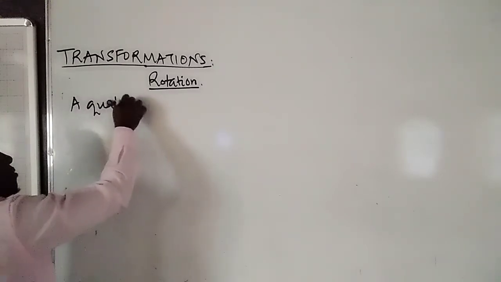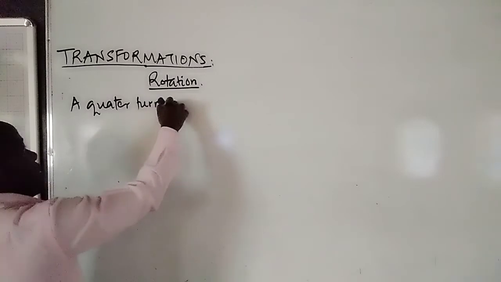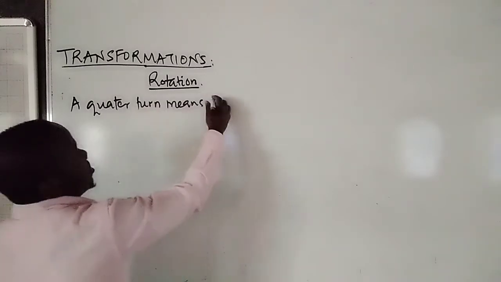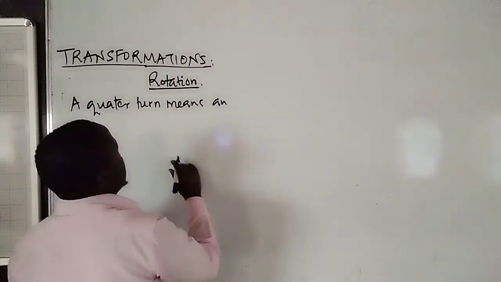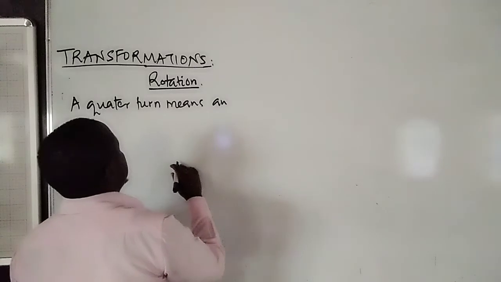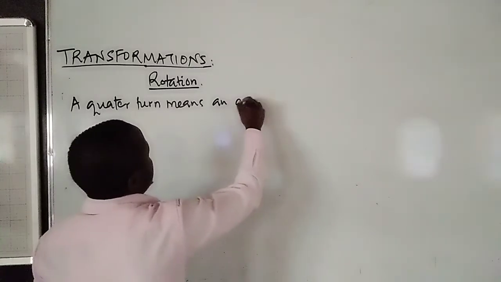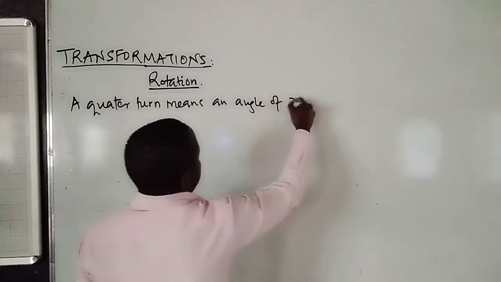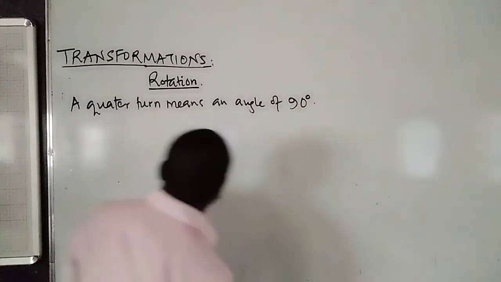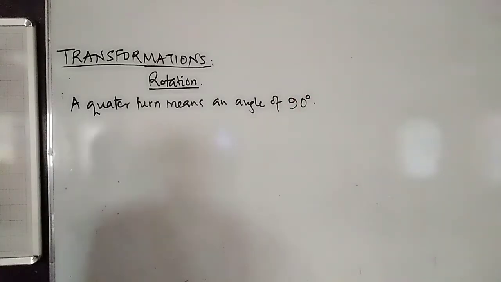When you are told a quarter turn, it means an angle of 90 degrees.